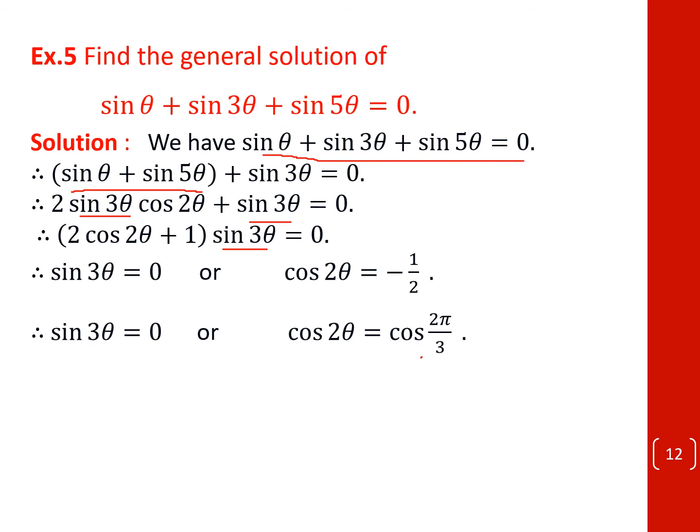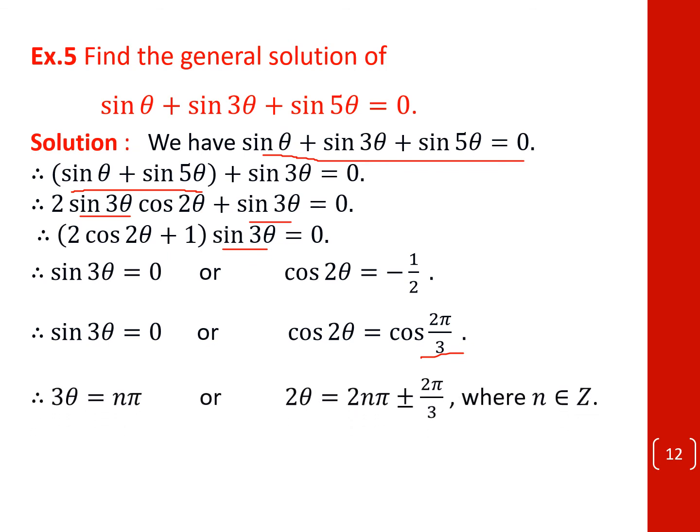Using allied angle formulae. So student, sin 3 theta equals 0. We know the result sin theta equals 0 when theta equals n pi, using that result.